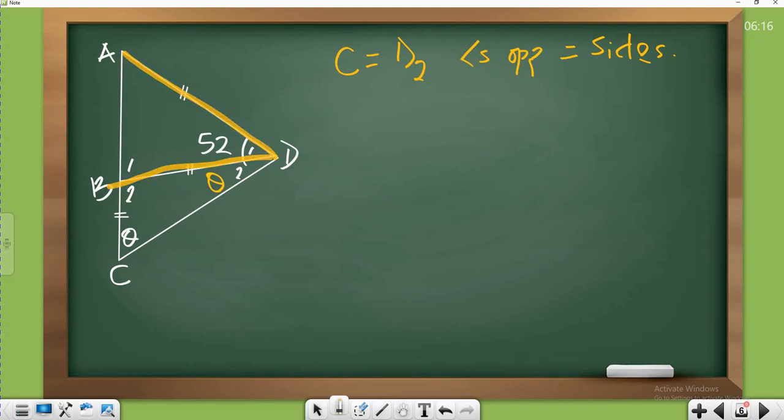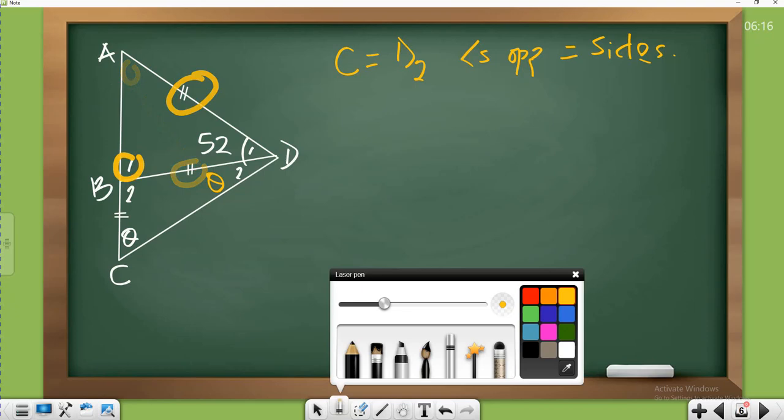Where is the angle opposite the side? It is this, opposite, right? Opposite that side. What about this one here? Opposite the side. So we look at the two sides that are equal, and look at the angles.